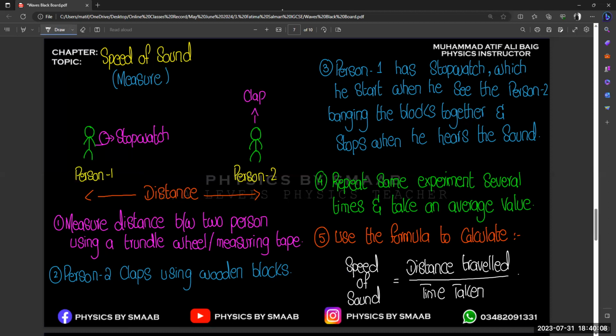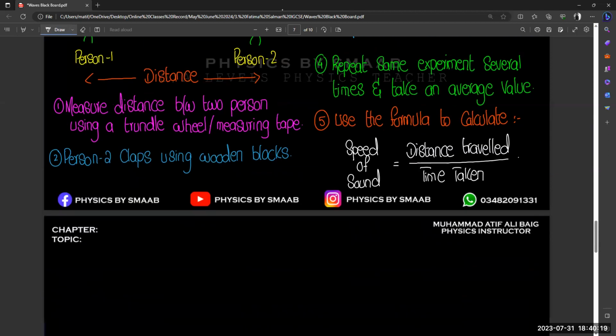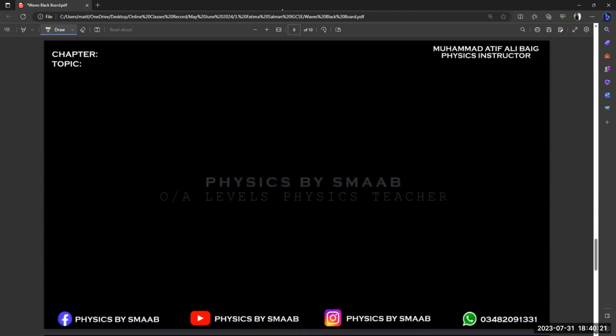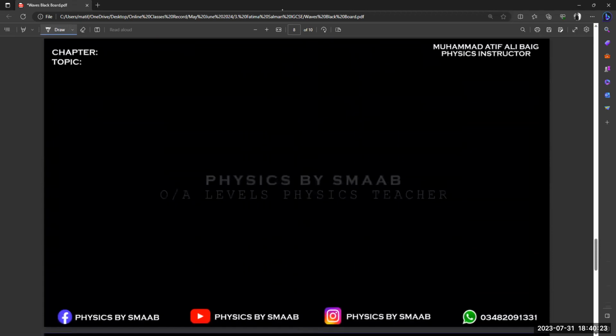And suppose you want to find the speed of sound with the help of wavelength and frequency, which we already studied in our previous chapter. Then you need to use the same concept, v equals f lambda, right? So your formula will remain the same. v equals frequency times wavelength, which we already discussed in our previous chapter.